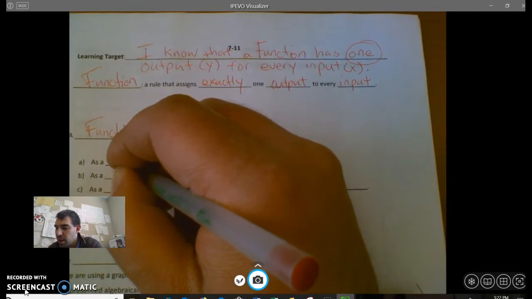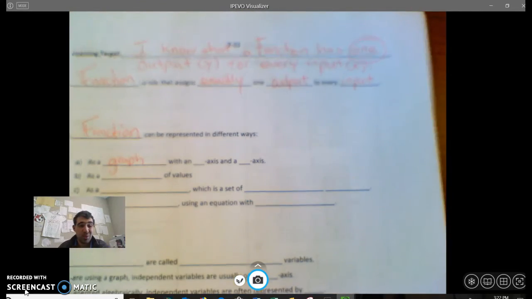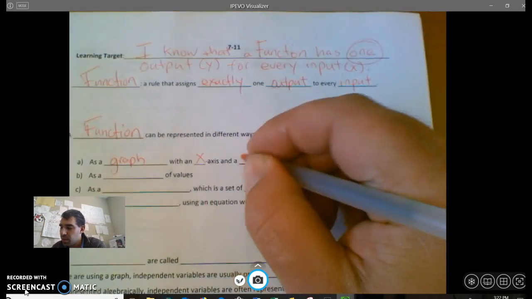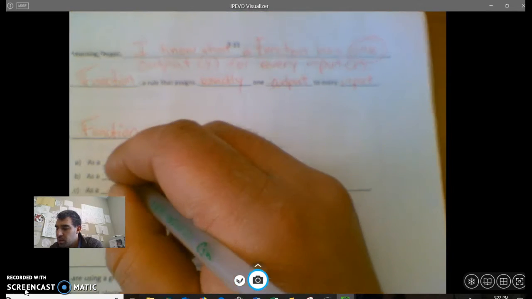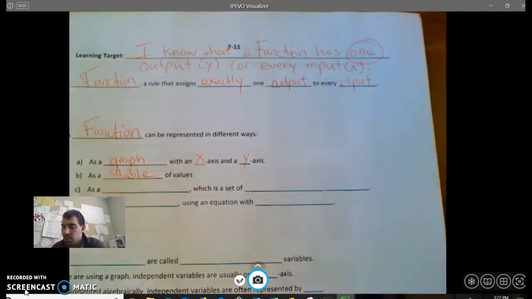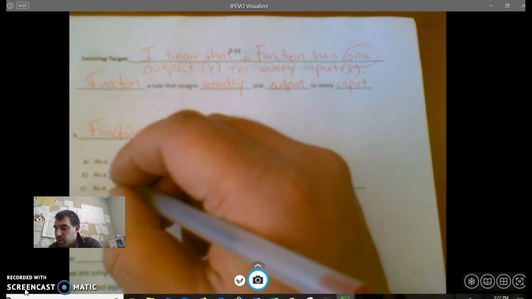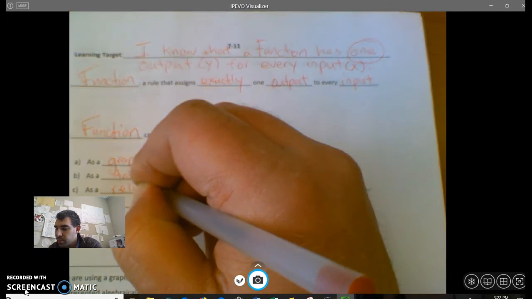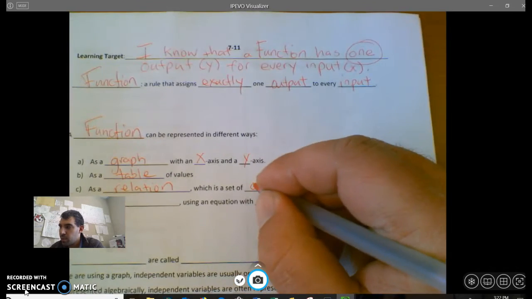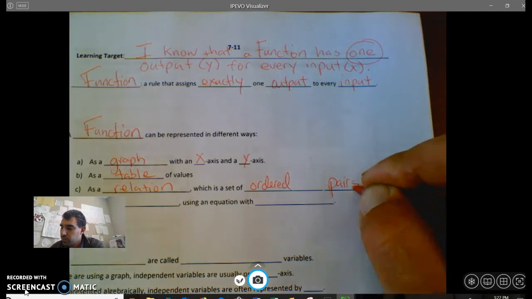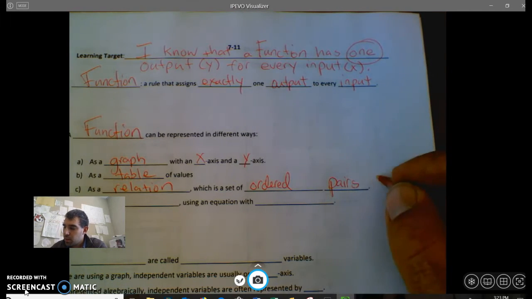One of the ways we can represent a function is in a graph, right? Just like we've written equations or functions from graphs with x and y axis. We can also represent a function using a table. We've used tables to represent these. We can also do it as a relation of ordered pairs, like ordered pairs in x, y coordinates.